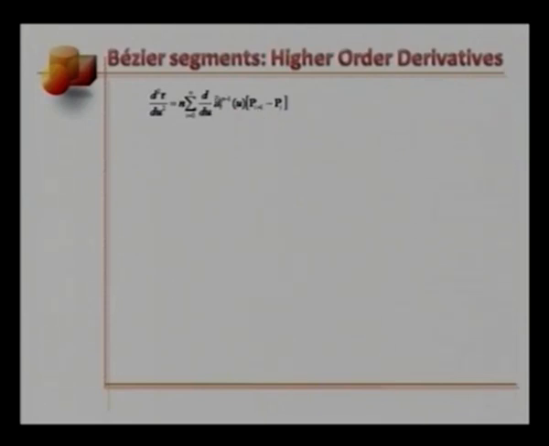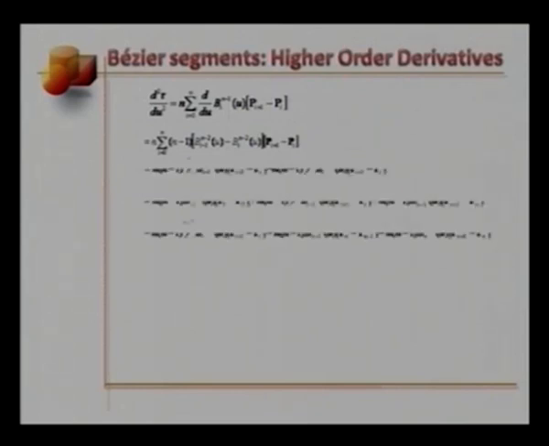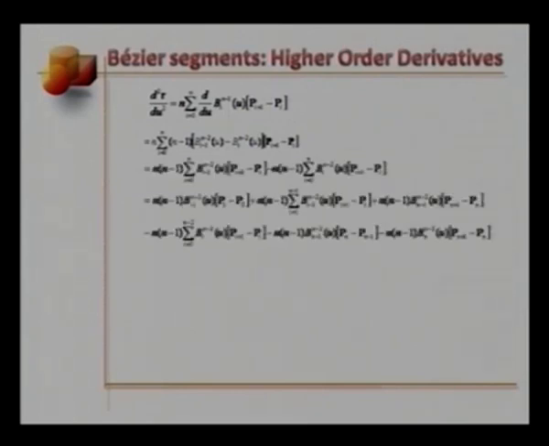This expression here relates to the first derivative of the Bezier segment. I can work the algebra in detail. Let me not worry about the intermediate steps, but I'll have them for you on the slide just in case you want to take a look at leisure later on.